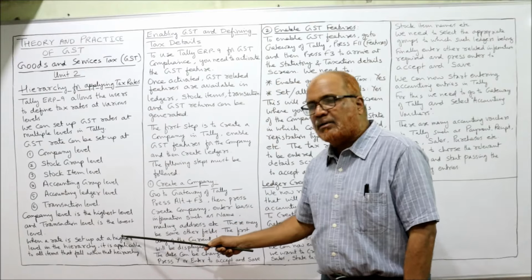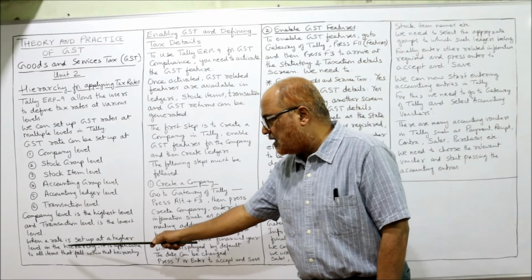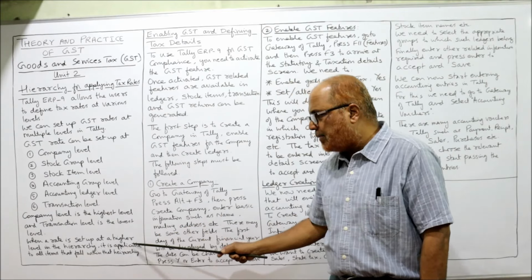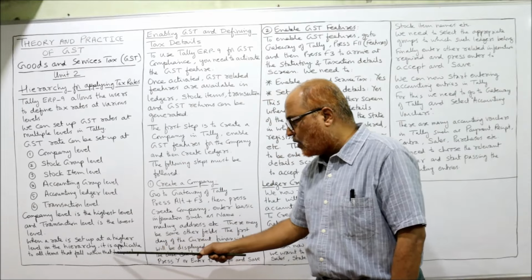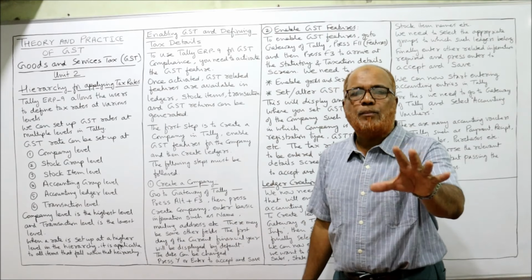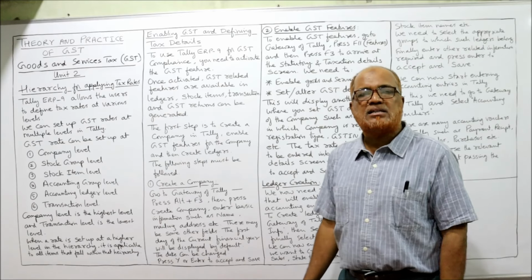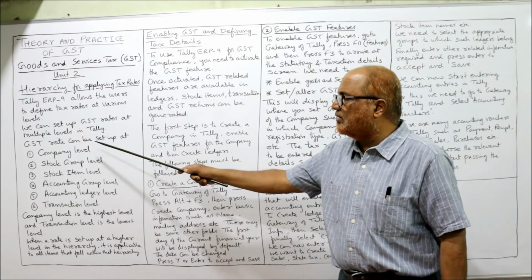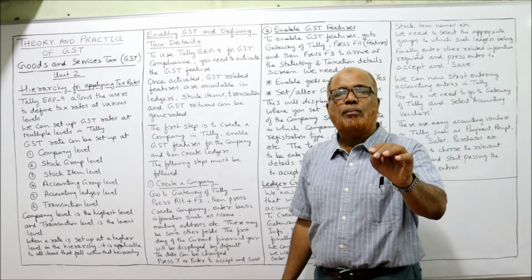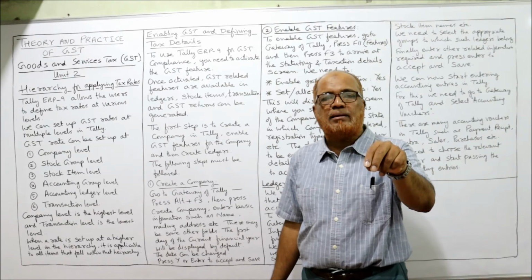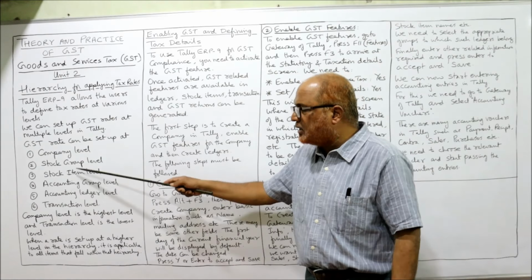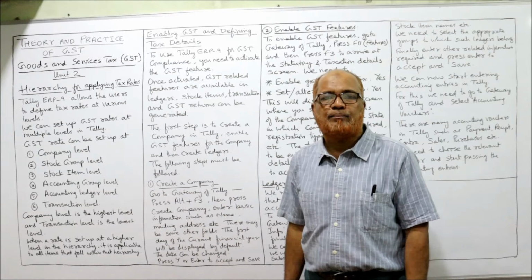When tax rate is set up at a higher level in the hierarchy, it is applicable to all items that fall within the hierarchy. Suppose the tax rate is given at the highest level, that is company level, then automatically that tax rate will be applied to all the levels below company level.